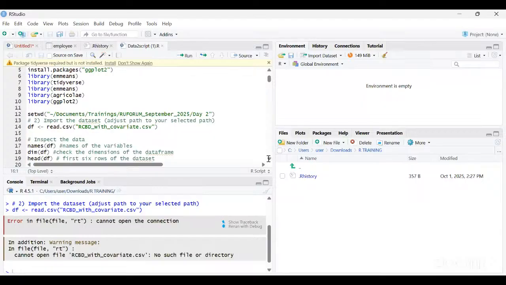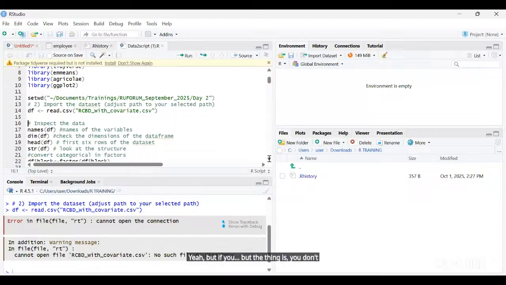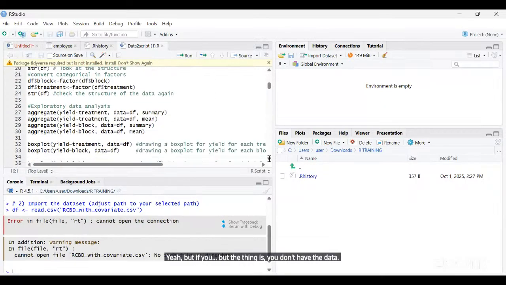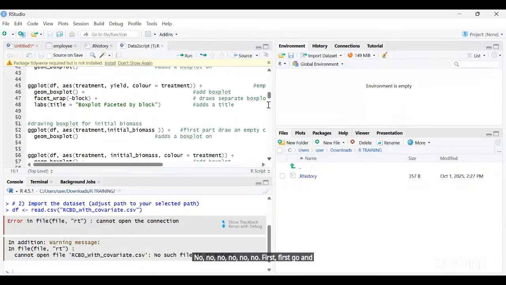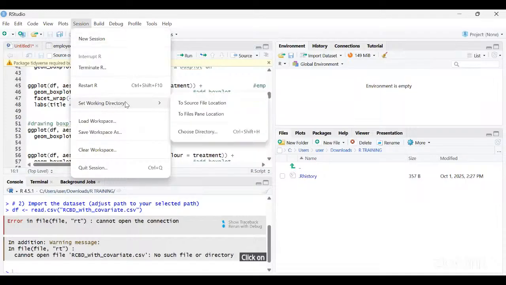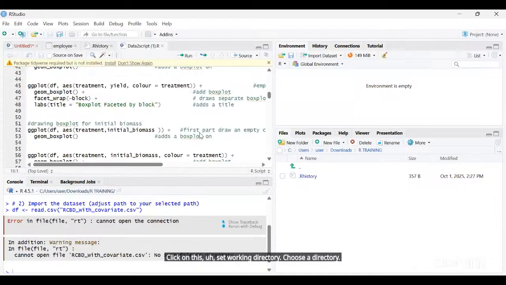But the thing is, you don't have the data. First go and set a working directory. Can you go to session up there? Click on set working directory. Choose a directory. Click on choose.